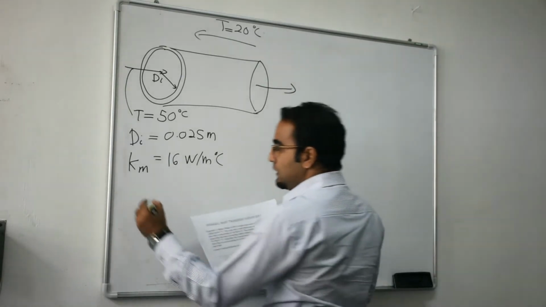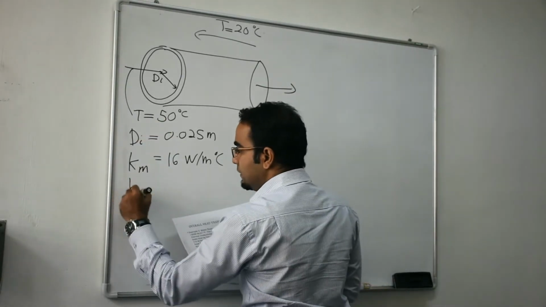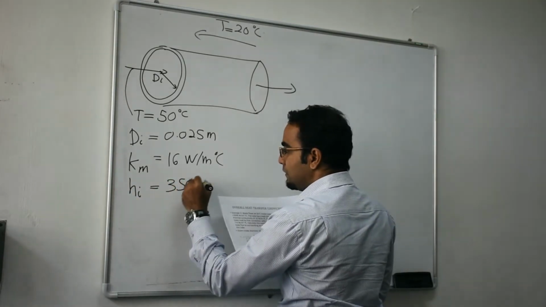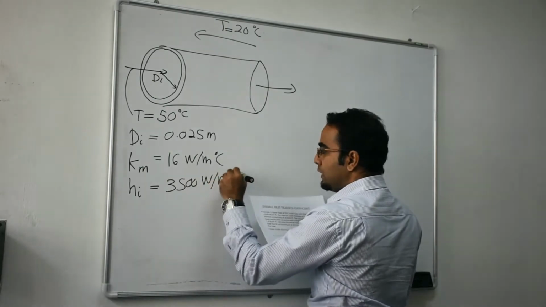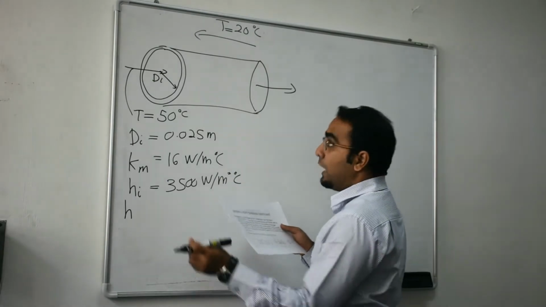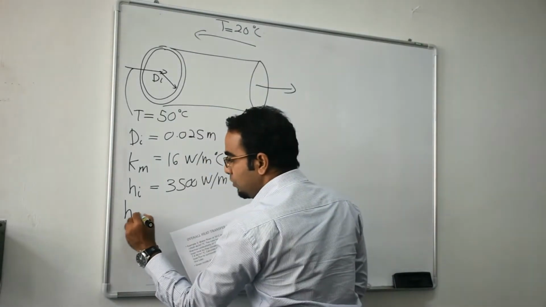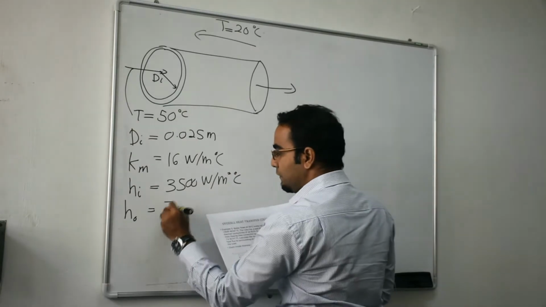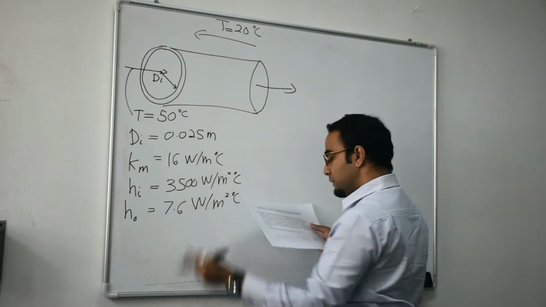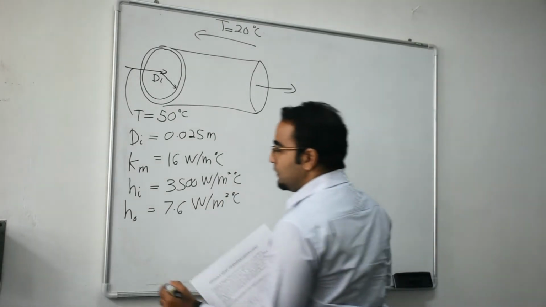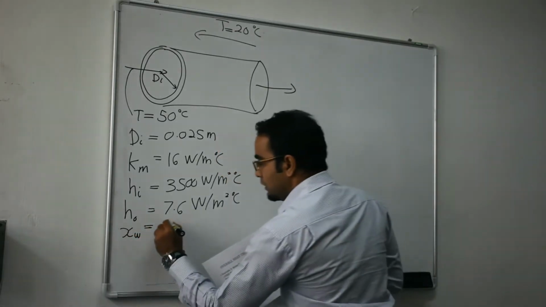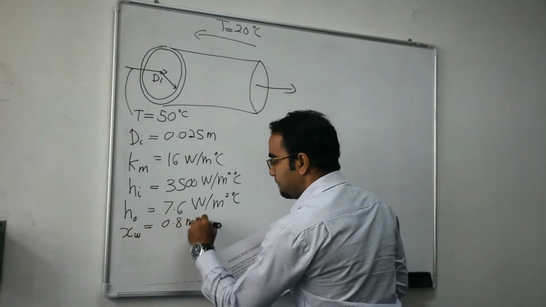The heat transfer coefficient of the water inside, Hi, is equal to 3500 watt per meter squared degree Celsius, and the H of air flowing on the outside, HO, is equal to 7.6 watt per meter squared degree Celsius, and then the thickness of the wall XW is equal to 0.8 mm.